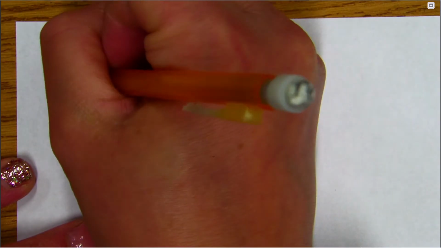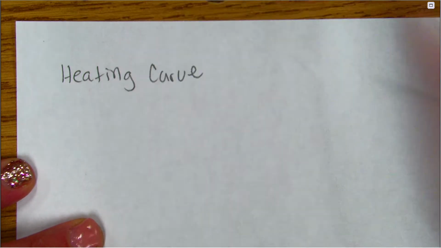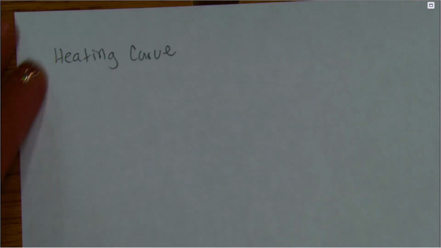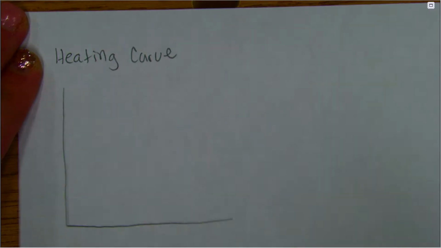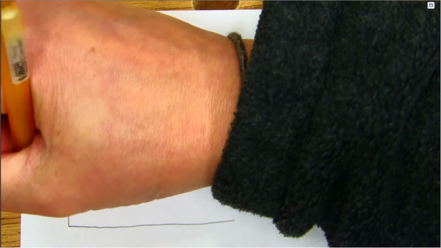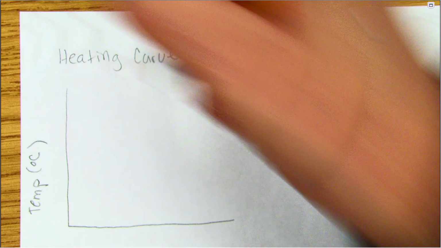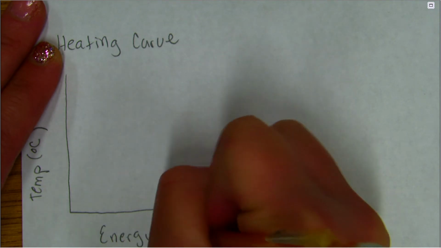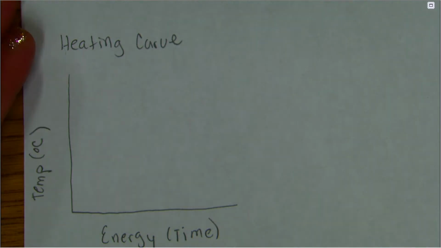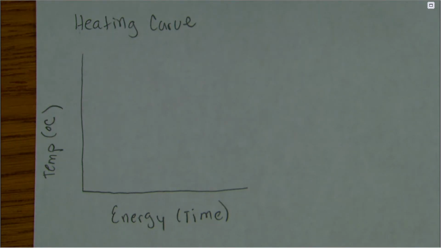So today's lesson, we're going to continue looking at gases, and let's start with what we call a heating curve. All right, and if we were to draw a heating curve, our temperature in degrees Celsius is going to be our y-axis, and our energy is going to be the x-axis, and sometimes you'll see it written as time, because the energy is being supplied over time.